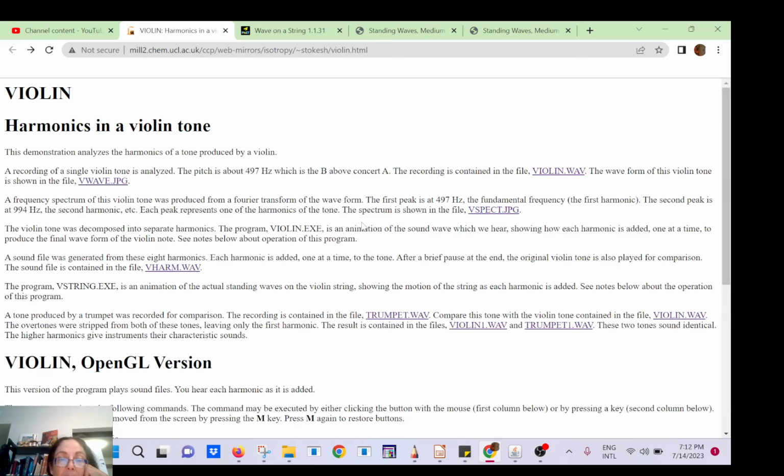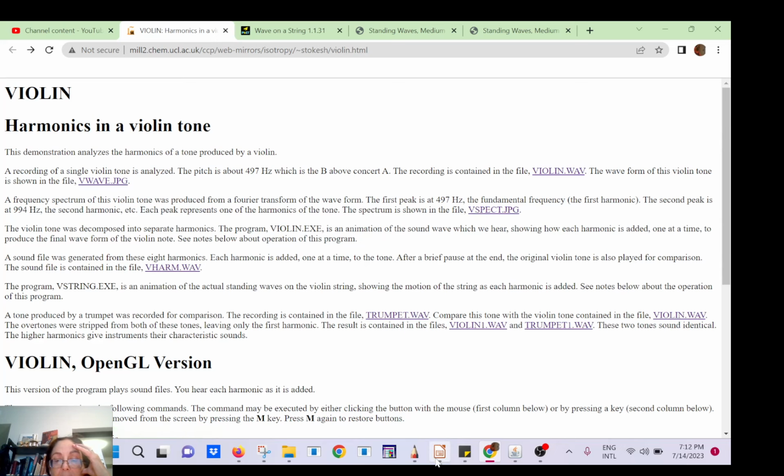In this one, what they do is put the first harmonic first, and then they add the second, then the third, then the fourth, to build the whole sound.